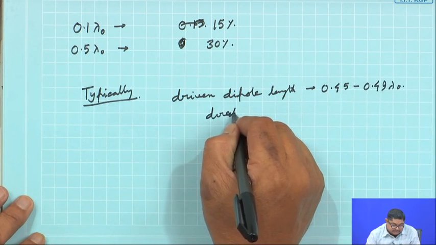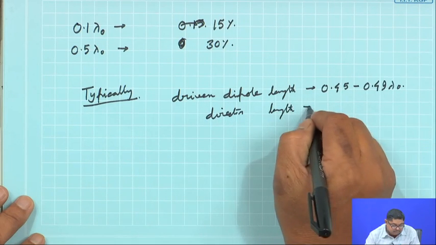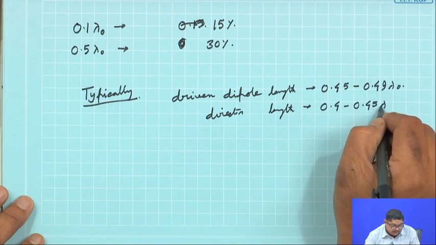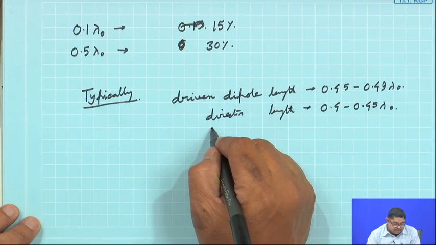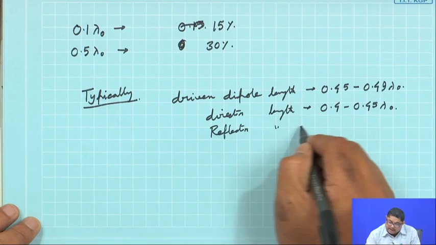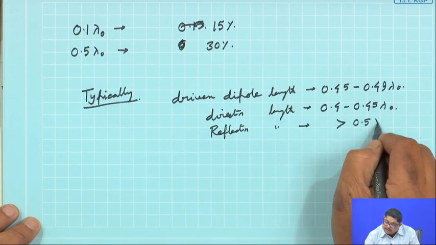Director's length is 0.4 to 0.45 lambda naught. You say typically less than 0.5 lambda naught. Reflector length is greater than 0.5 lambda naught.